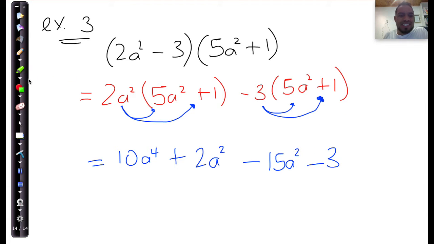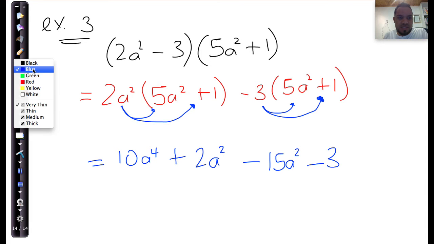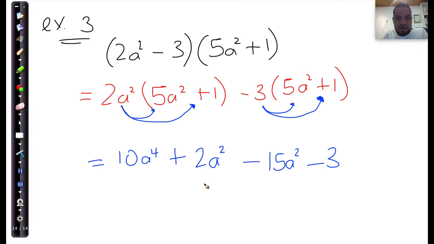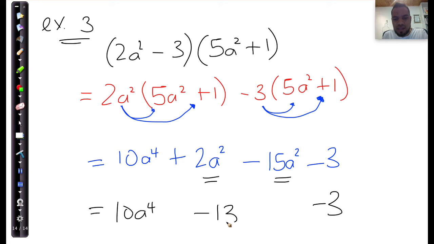Now we need to see, are there any like terms? Well, over there I'm counting a squareds, and there I'm counting a squared, so those are examples of like terms. So let's add that up. That's going to be 10a to the power of 4 minus 3, and positive 2a squared minus 15a squared is going to be negative, and we just take the difference, which is going to be 13a squared.